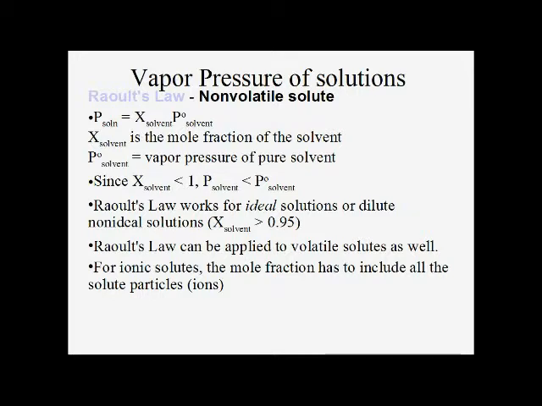So this occurs under certain combinations of solvent and solute, but not for all. For others, they do not follow this relationship. They exceed or don't reach the value described by this relationship.